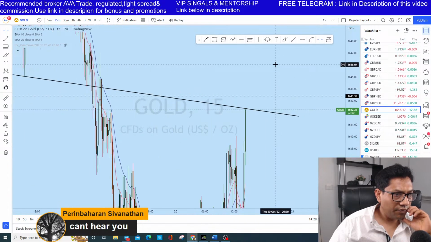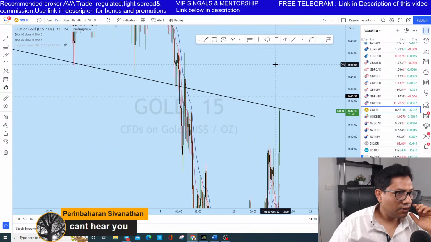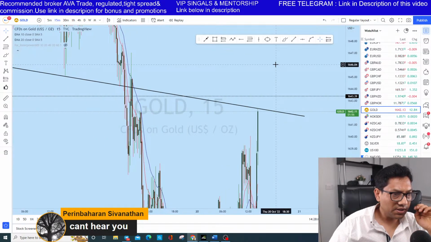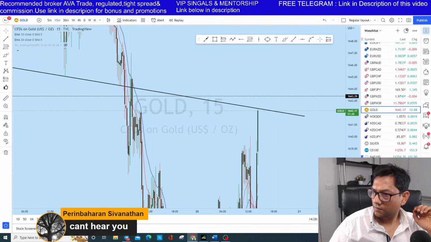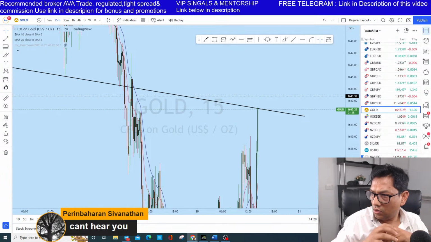This is the gold 15 minutes. Let's see. So it's still respecting this resistance. Gold long run bullish, what's your thought?